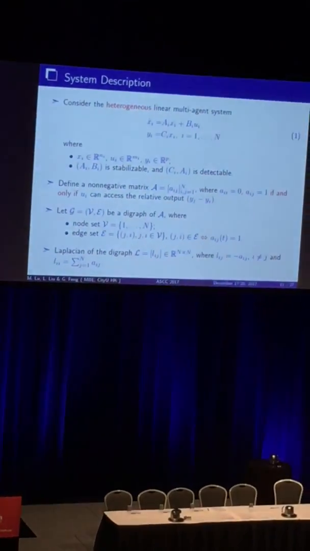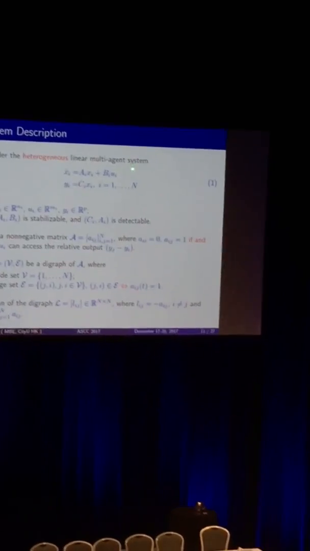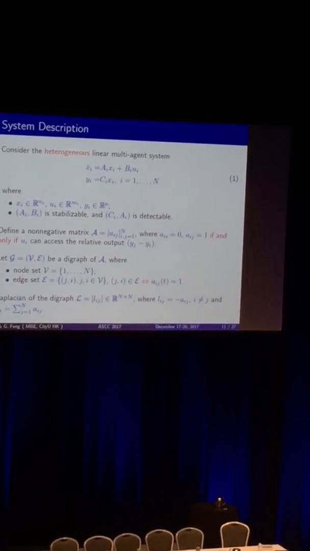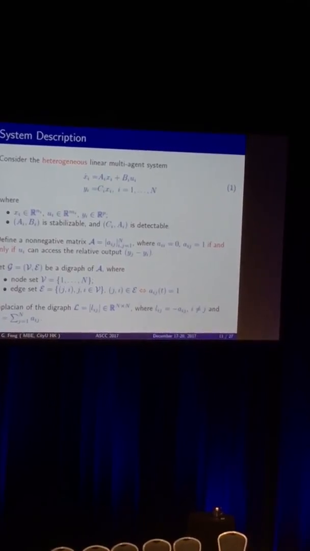Having introduced the background and the most related existing works, now we move to the problem formulation section. In this work, we consider heterogeneous linear multi-agent system of form 1. Without loss of generality, we assume this system is stabilizable and detectable.